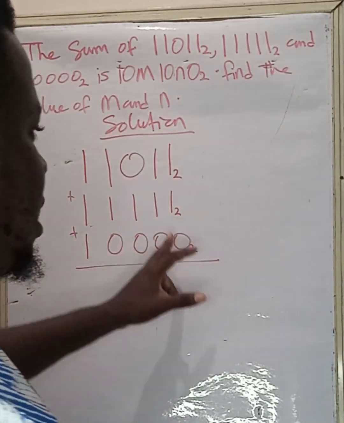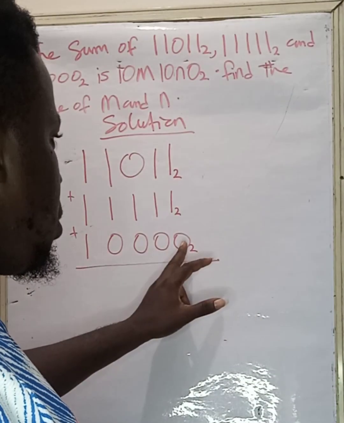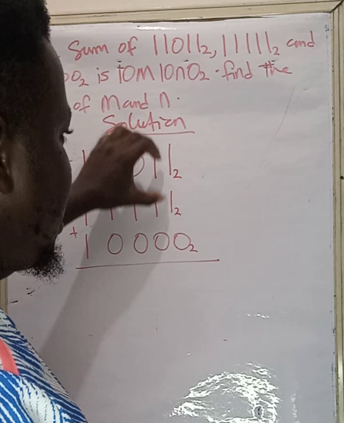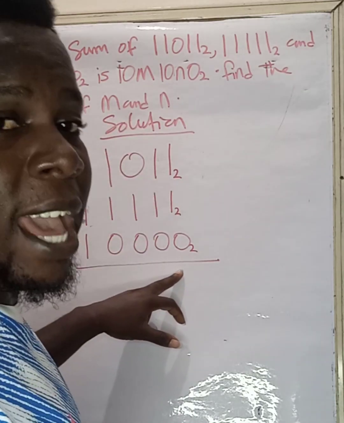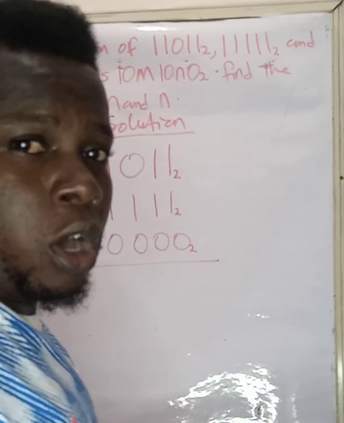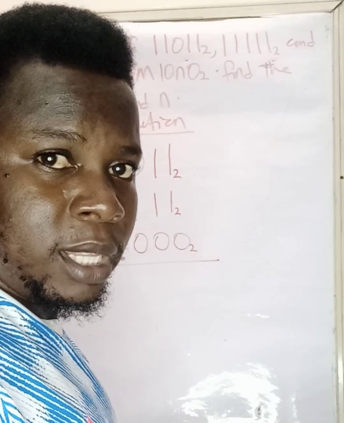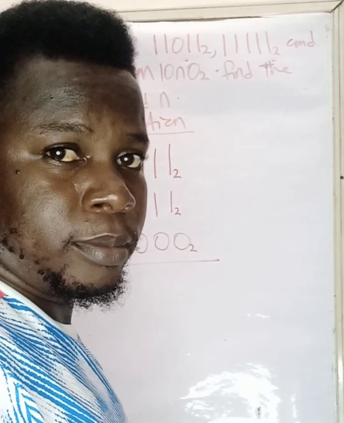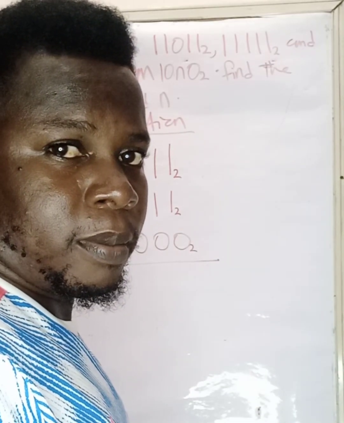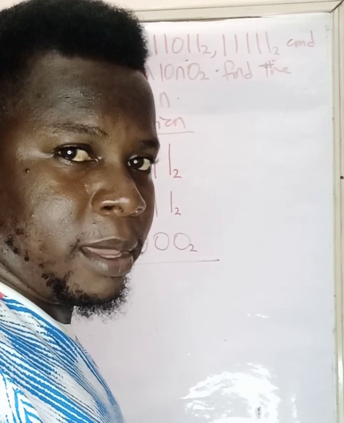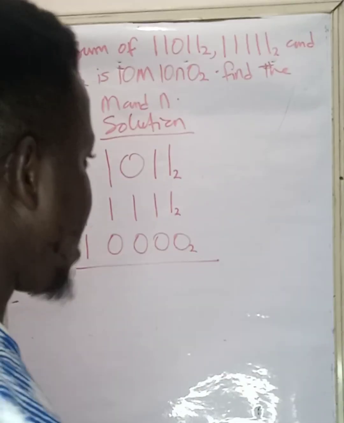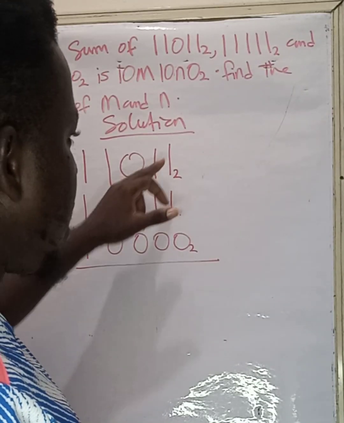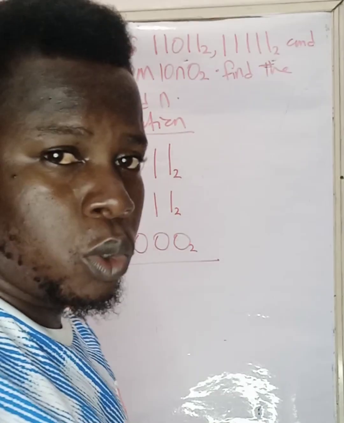So for us to get this, it is already in base 2. If we add these numbers, anything we get will not be equal to or greater than 2. It must be less than 2. Do you understand what I mean? For example, 1 plus 1 is 2.